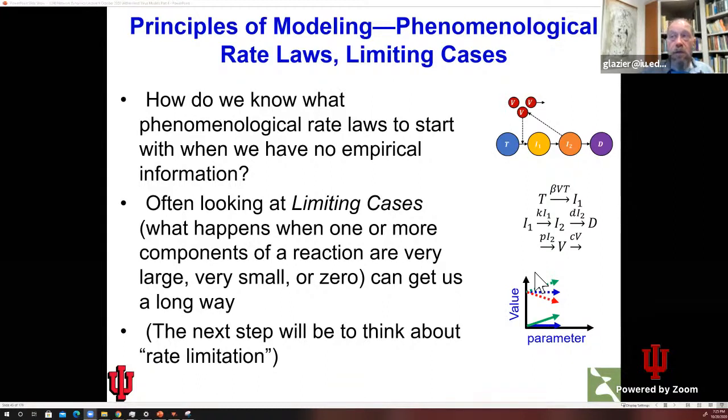And the first thing that we're going to talk about is, if we don't know what the rate laws should be, what happens? Can we make at least an educated guess about what happens when, for example, there are no cytokines? If there are no cytokines, then we don't expect to be producing many T cells.